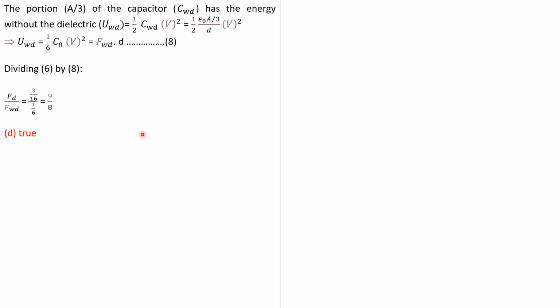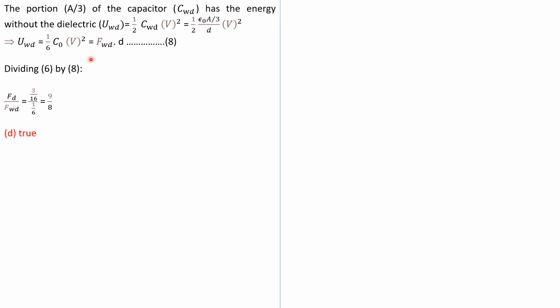Now we will check option D. The portion A by 3 of the capacitor without the dielectric has this much energy. UWD, if we write, where W stands for without and D for dielectric, is half into CWD into V square. CWD will be epsilon naught A by 3 into D, where A by 3 is the plate area and D is the separation.